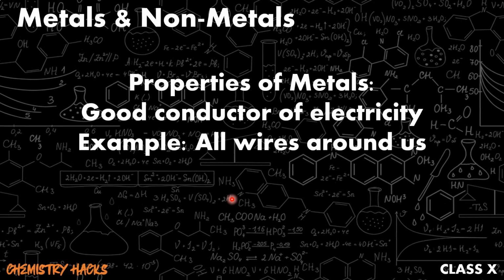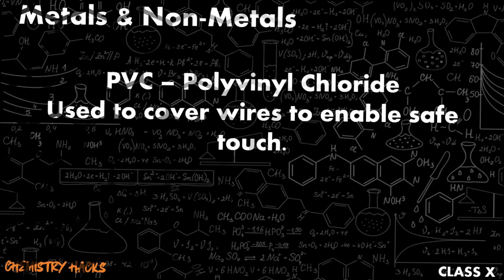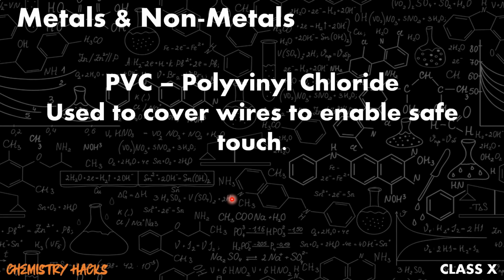Next, good conductor of electricity. The example is all the wires around us are made of copper, which is a metal, and copper is one of the best conductors. But you may be thinking, if it's a good conductor, then when we touch it, we would get shocked. But if you look at any wires around you, if you're watching this video with wired headphones, or if you're charging your device, they're all covered in a substance.